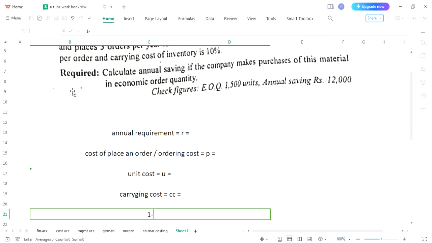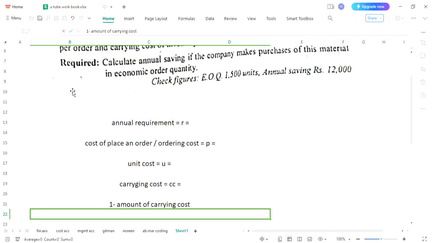There are three possibilities. First, the amount of carrying cost may be given in your question, so you don't need to bother about that and will write the same amount. Secondly, it may be that a percentage is given, so you take the unit cost and multiply it with the CC percentage.